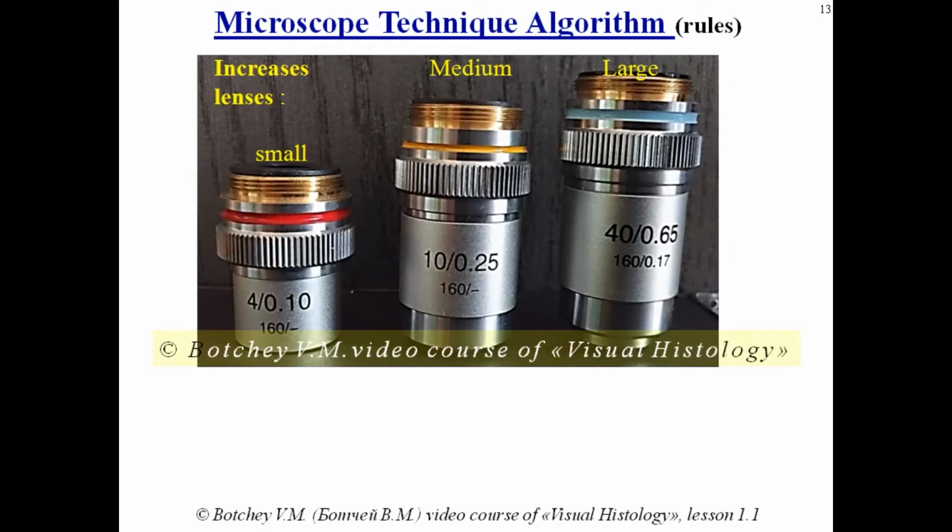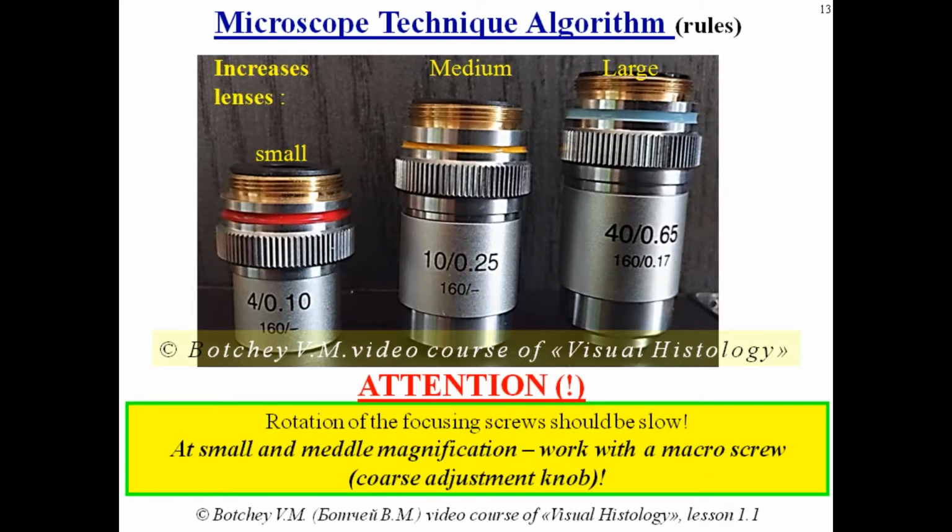Next, the slide is studied in order at small, middle, and high magnification using the corresponding objectives. Thus, the microscope is set up in 3 steps. Now, attention and remind please, to prevent breakage of the focusing screw, the rotation should be very slow.